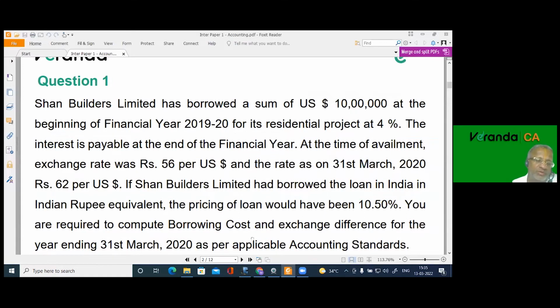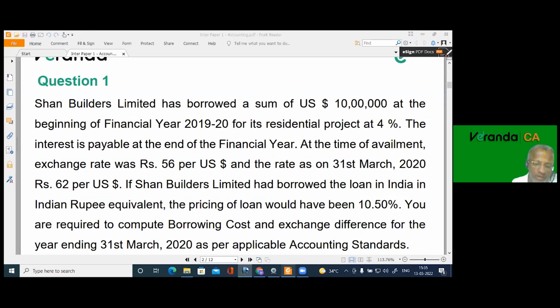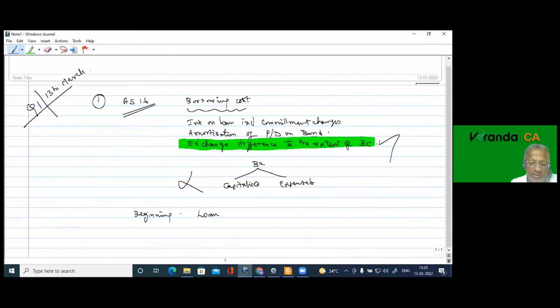we have understood that they have borrowed 10 lakhs US dollar at the beginning of the year. Loan available: 10 lakhs US dollar.